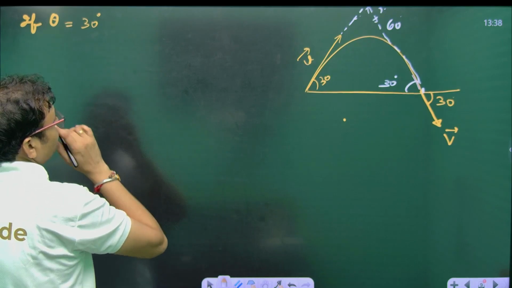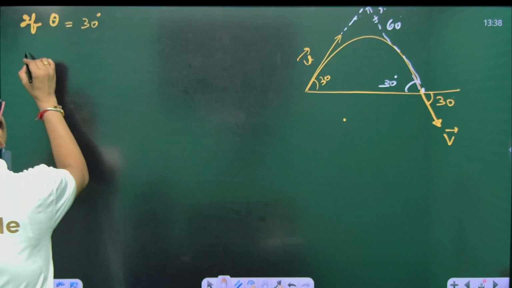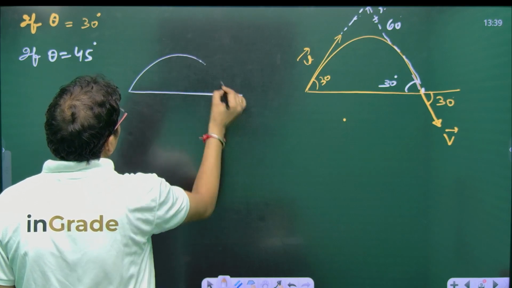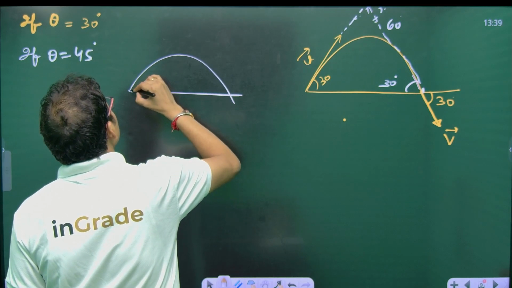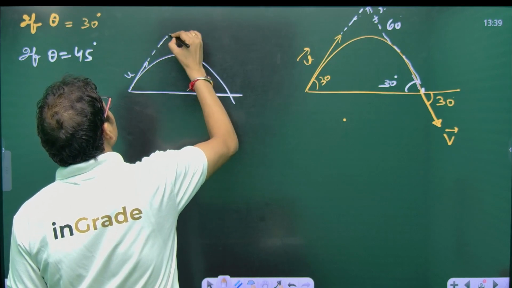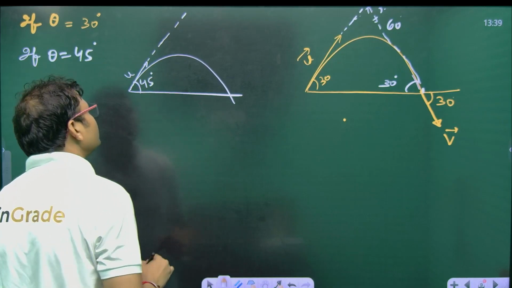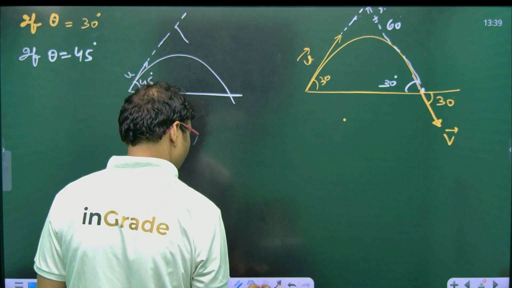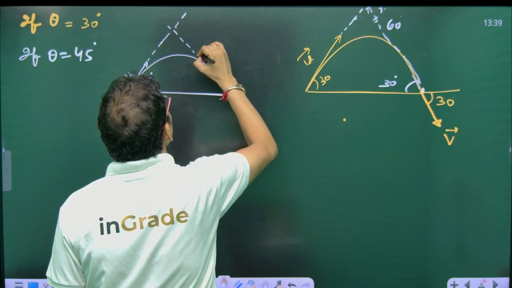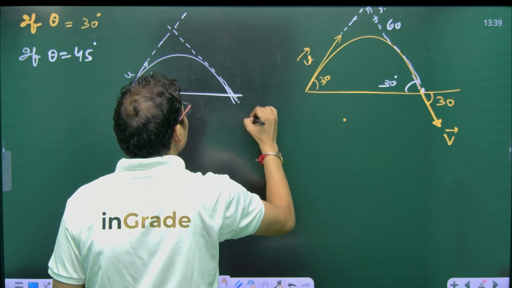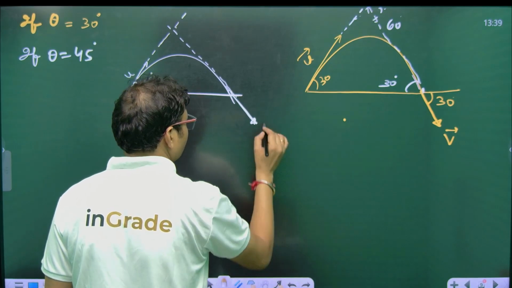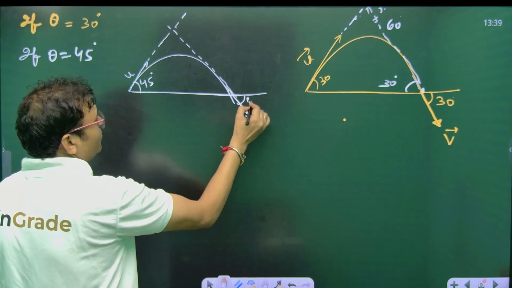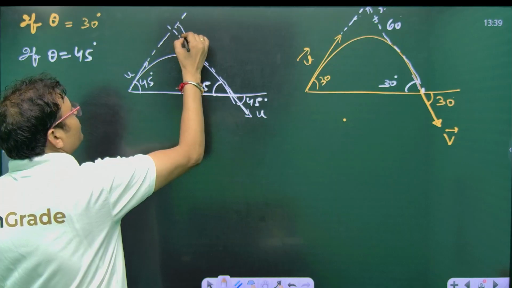If theta is equal to 45 degree, let us say, this is the direction of the initial velocity u, this angle is 45 degree, then this is also u, this angle will also be 45 degree, so this angle will be 90 degree.